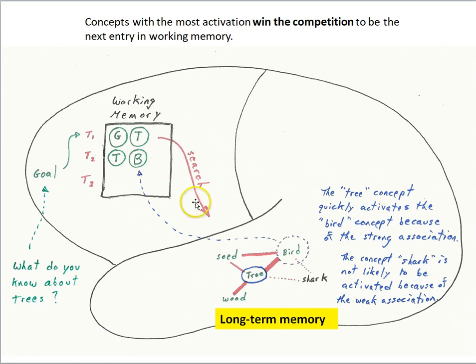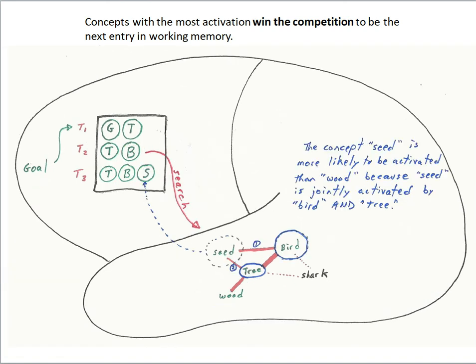So we can think of this cue as activating a set of nodes in a network, and whichever concepts get most strongly activated, those concepts will be the next items in our working memory. Now, concepts with the most activation win the competition to be the next entry.